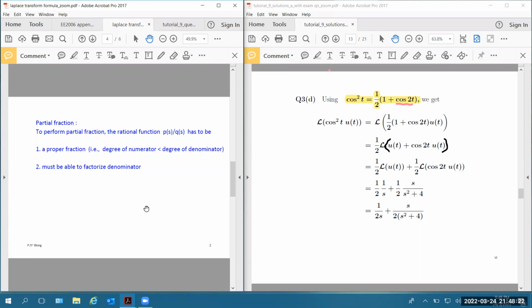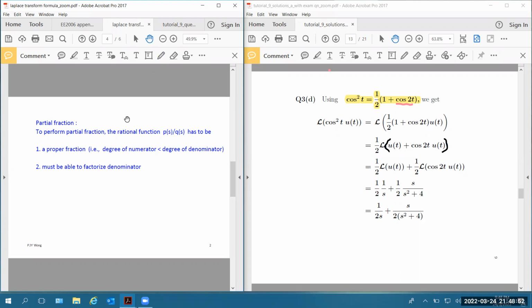Basically, partial fraction is from one fraction becoming a few fractions, right? So to do that, you must be able to factorize the denominator. Because if you cannot factorize the denominator, then maybe you cannot become a few fractions. So these are the two conditions before you do partial fraction.